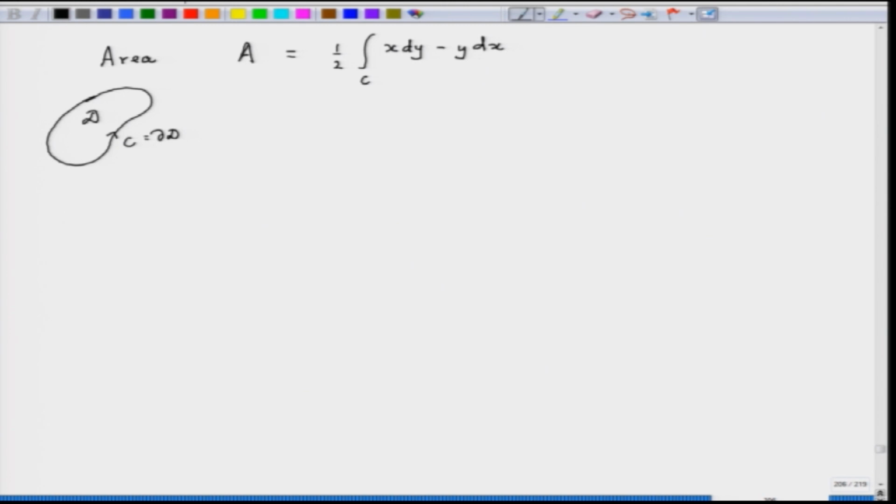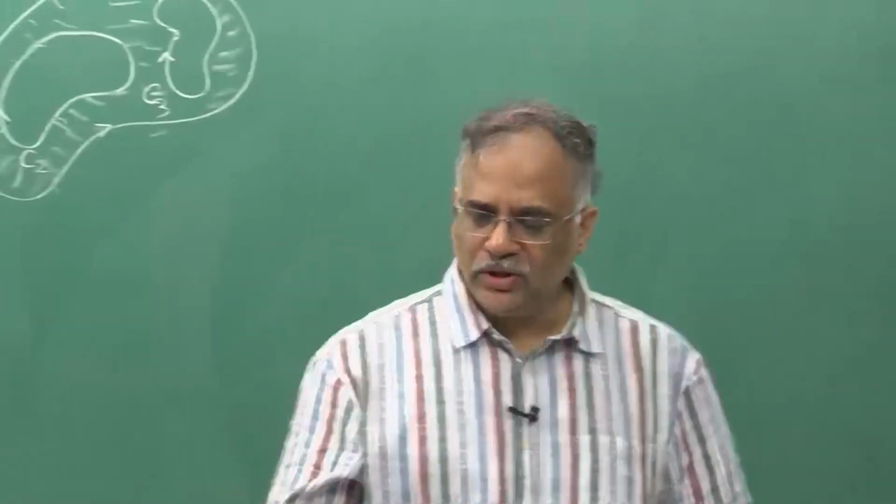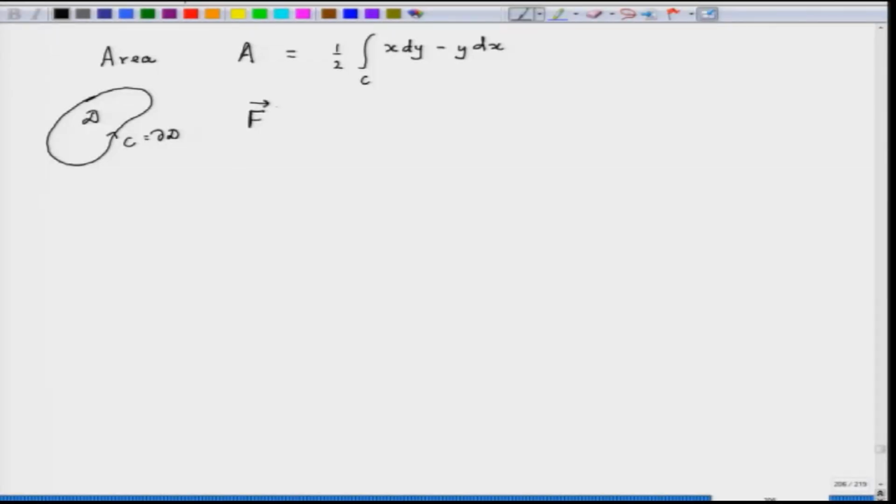Suppose we construct a vector field F, where it is minus y i vector and x j vector. Let me look at this integral, half of the integral over C of minus y dx plus x dy. So this is my P and x is my Q.